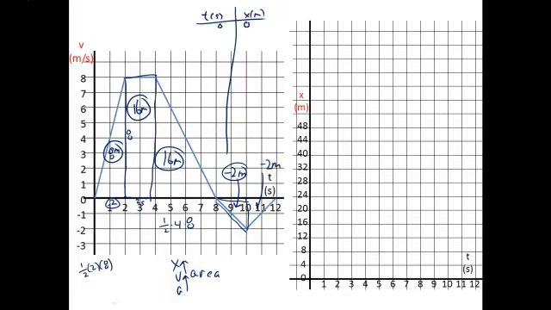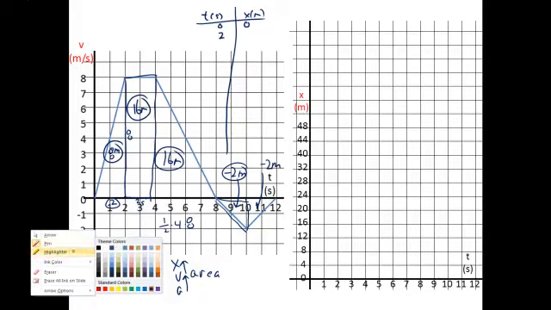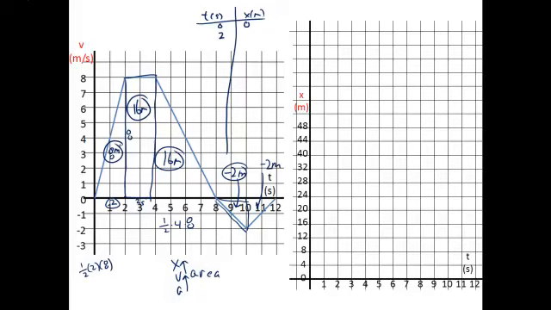I know after 2 seconds, I've gone a total of, let me use a different color here, 8 meters. So I will put 8 meters there. Then after 4 seconds, I add up all previous areas. So 8 meters plus the 16 meters gives me 24 meters.